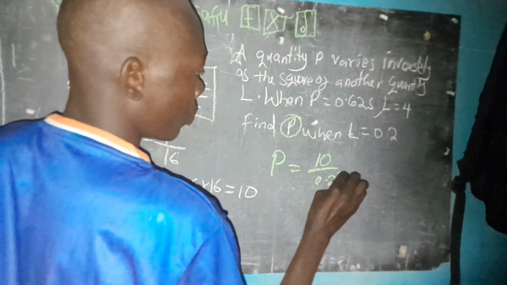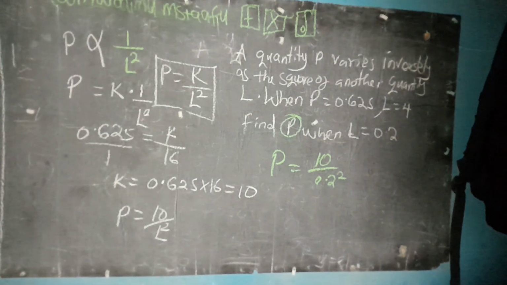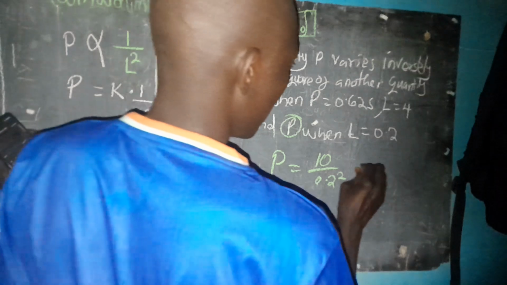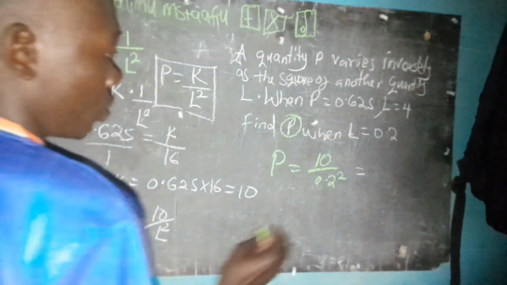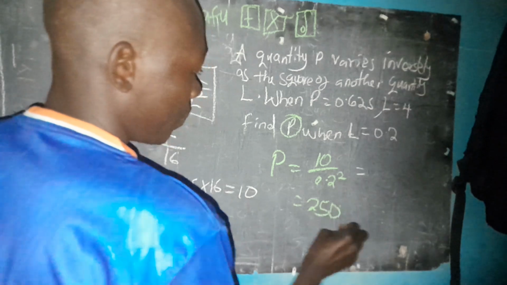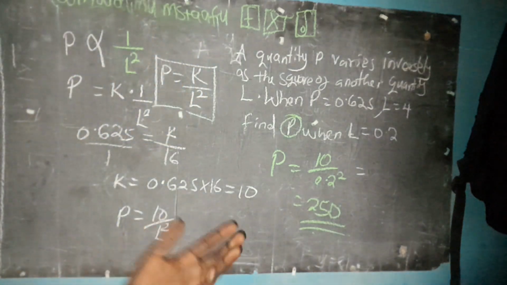When I work out 10 divided by 0.2 squared, I got 250. So P is equivalent to 250. That's the value of P when L is 0.2.